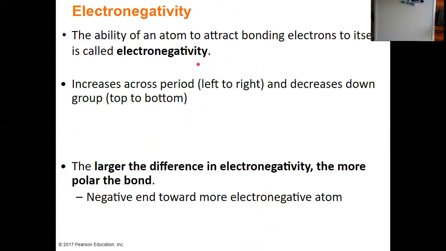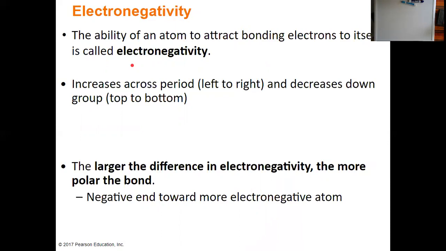And electronegativity increases across the period, and it decreases down a group. If you think back to our trends, that really does make sense. Our halogens are the most electronegative because they have room for that one electron, right?